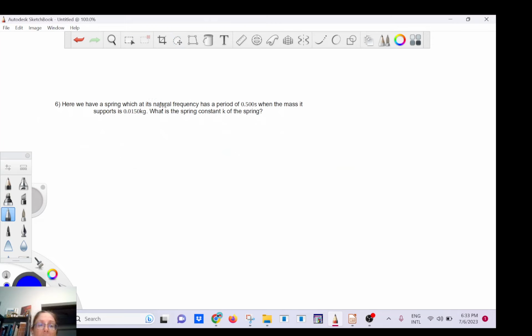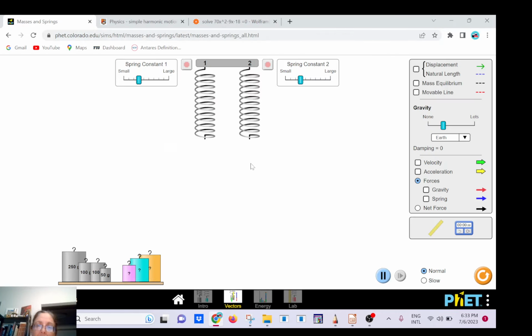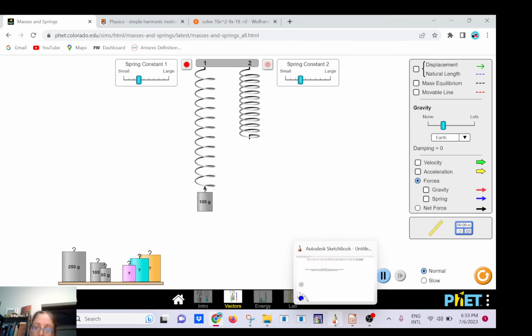So we have a spring at its natural frequency. So it means if you let it swing, if you are not driving the oscillation, it has a given period. So the number of oscillations per second is going to be the frequency. We call that the natural frequency.